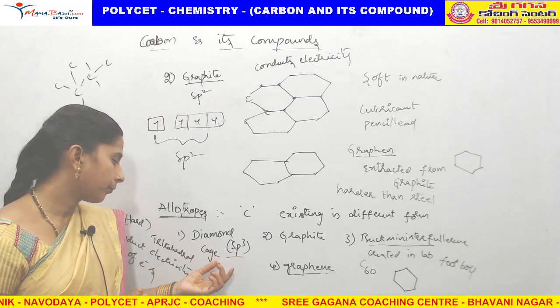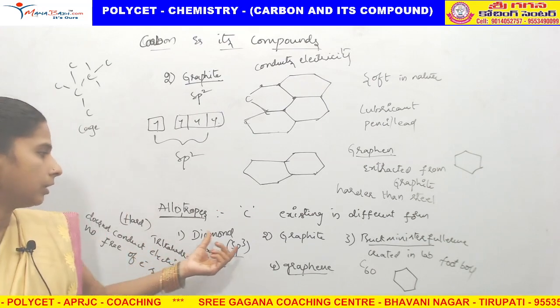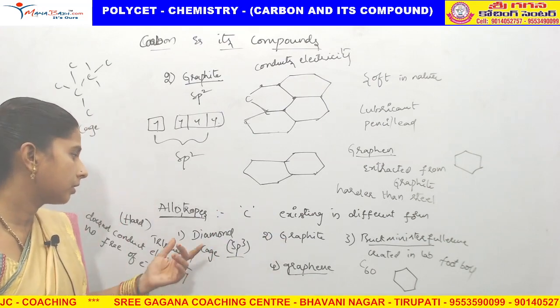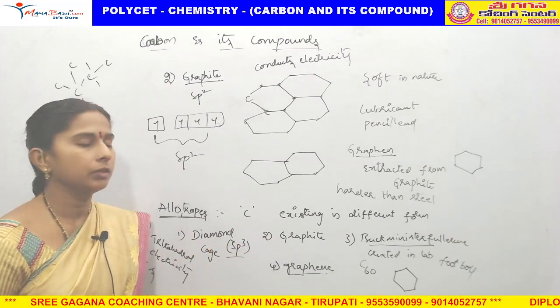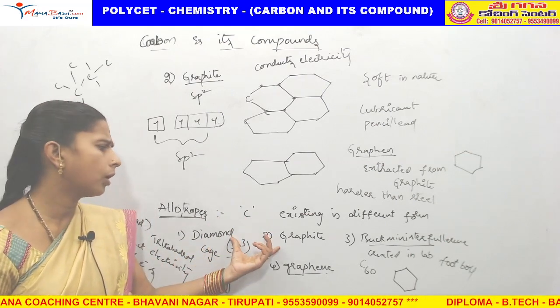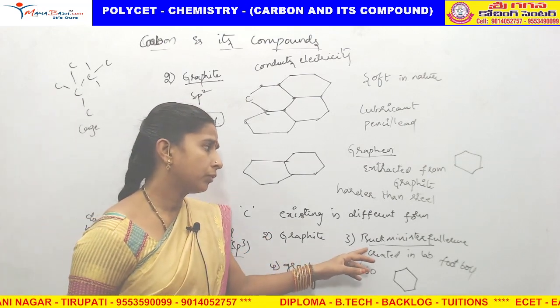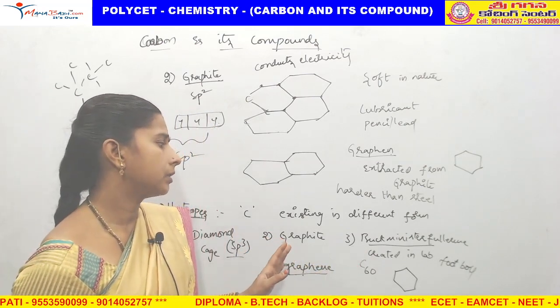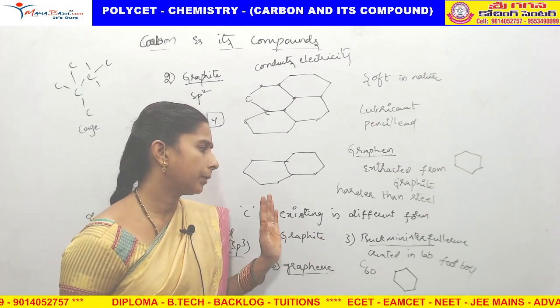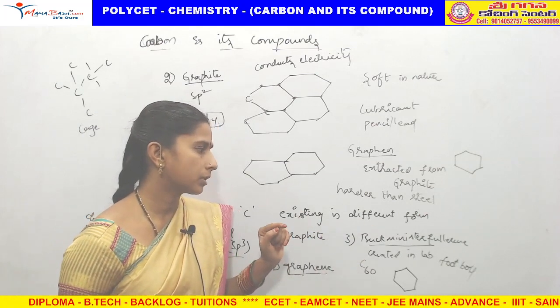Diamond does not conduct electricity, but graphite conducts electricity. Diamond is hard in nature, graphite is soft. That is the difference. These two are available in nature. But Buckminster fullerene is not available in nature, it is created in the laboratory. It has a football structure.